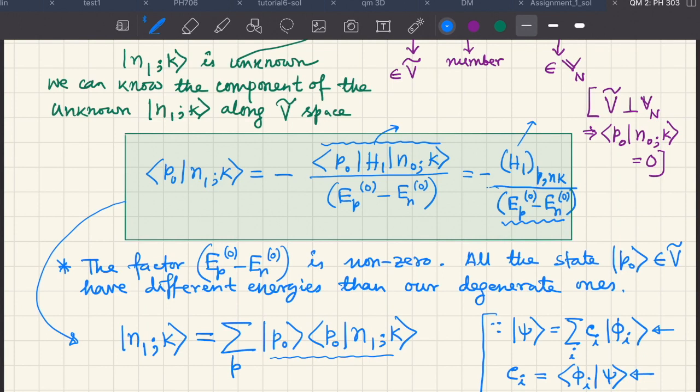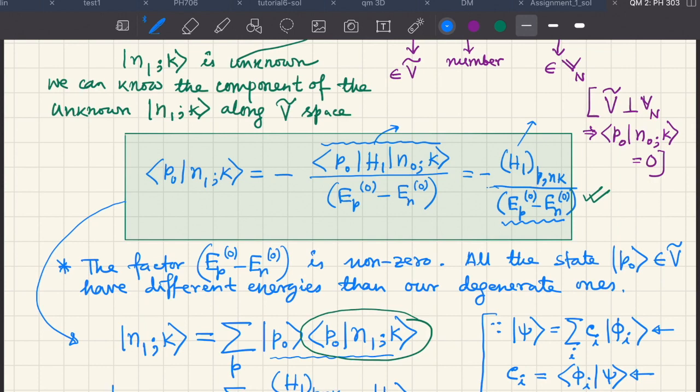And why did we do that? We did that simply because this object is known. So I can simply replace this object from this equation. So what we get here is nothing but minus sum over p h1 p comma nk divided by e p0 minus e n0 with the ket p0 sitting here.